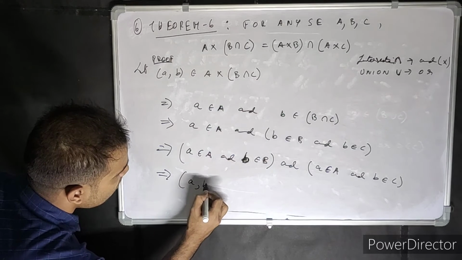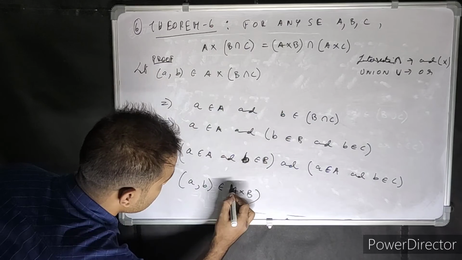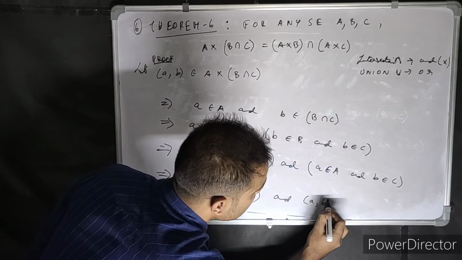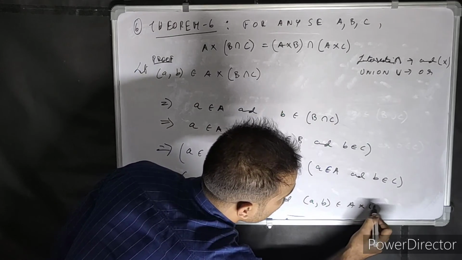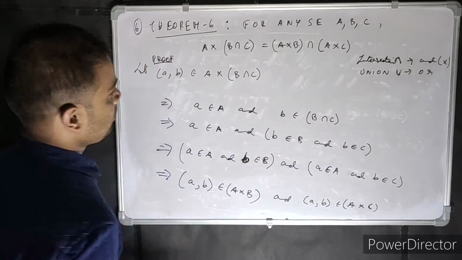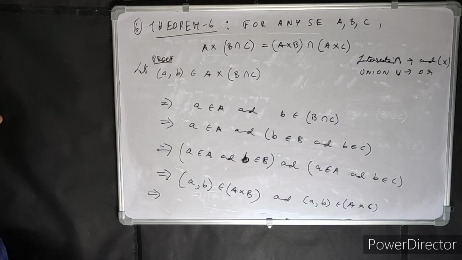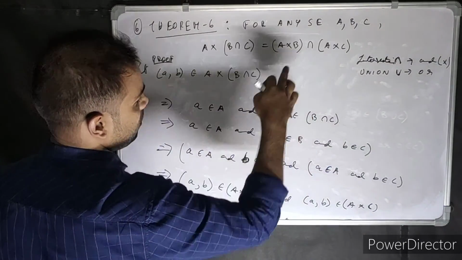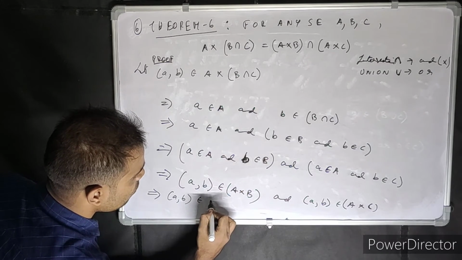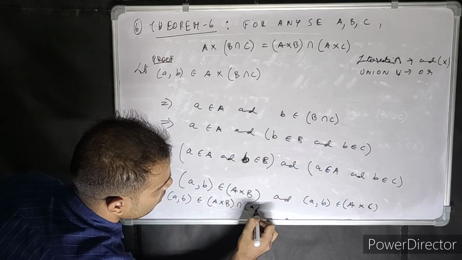So you write (a, b) belongs to A cross B and (a, b) belongs to A cross C. Now the next part implies, see, so you got it. You write just (a, b) belongs to A cross B intersection A cross C. Why?